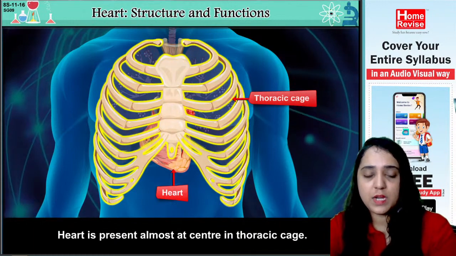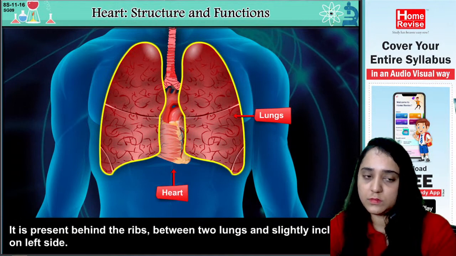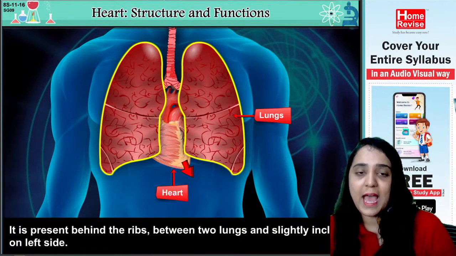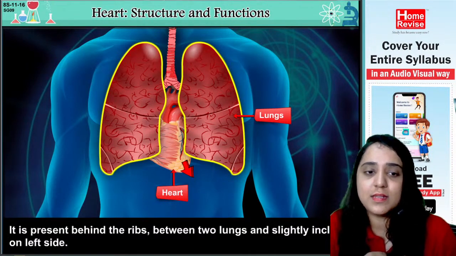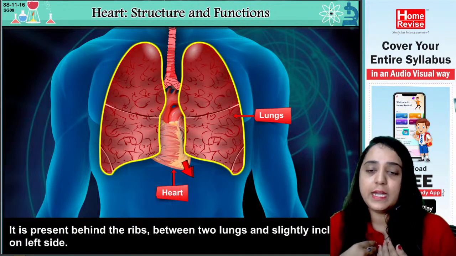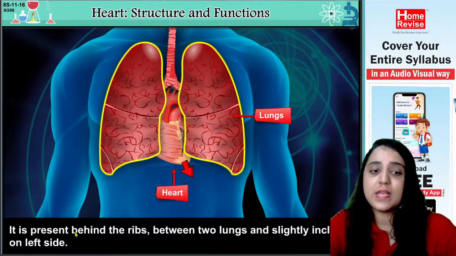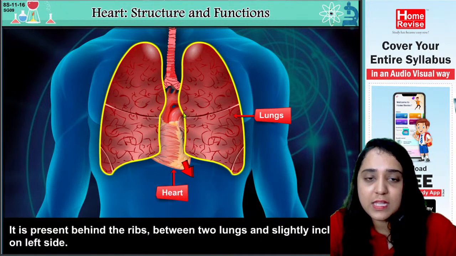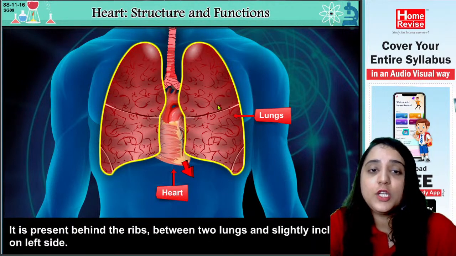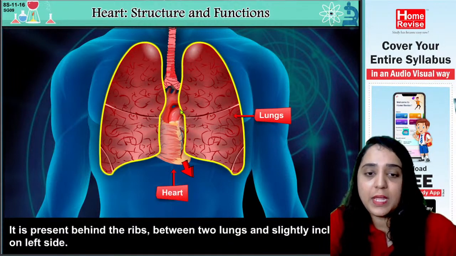Now, the next part. It is present behind the ribs, between two lungs, and slightly inclined on the left side. Don't get confused between the center and the left. As we know, the heart is towards the left, but not to the extreme left. It is slightly inclined on the left side. It is present behind the ribs and between the two lungs.